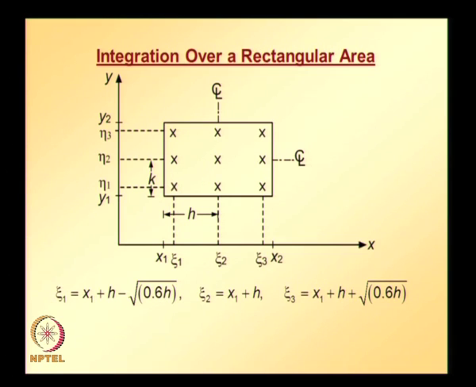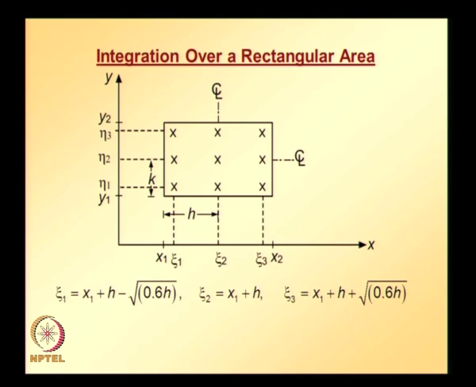Psi 1 is x1 plus h minus root of 0.6 h, psi 2 is x1 plus h, psi 3 is x1 plus h plus root of 0.6 h. These expressions can easily be verified once we know the locations of these integration points.